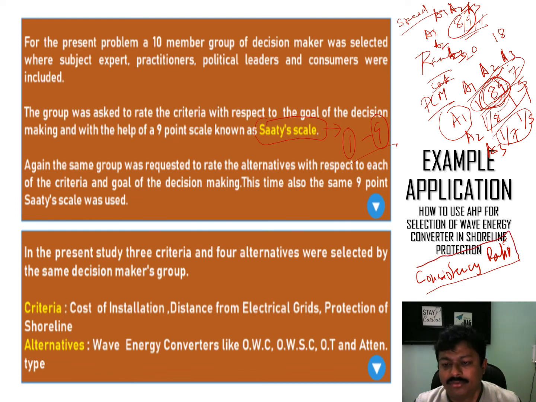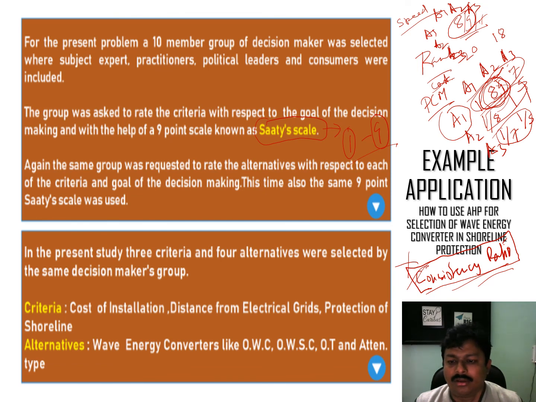So the advantage of what I have taught over what Saaty invented is that in Saaty's case you have to calculate an extra step after finding the weightage of alternatives. In our case, we do not need to calculate the consistency ratio because there is nothing inconsistent here.